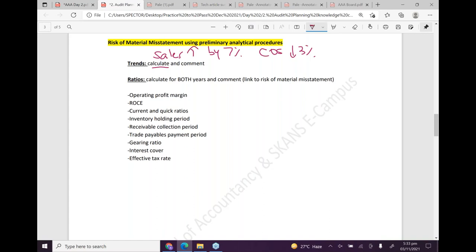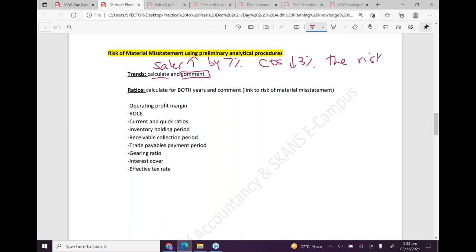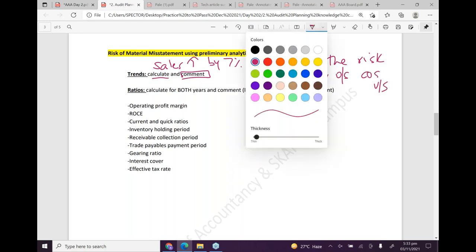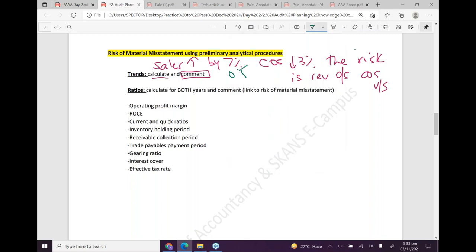These are simple calculations and you get absolutely no marks for it until you tell me, so what? So then you write, the risk is revenue could be overstated or cost of sales could be understated. Now you'll get the calculation mark and you'll get the risk marks as well.